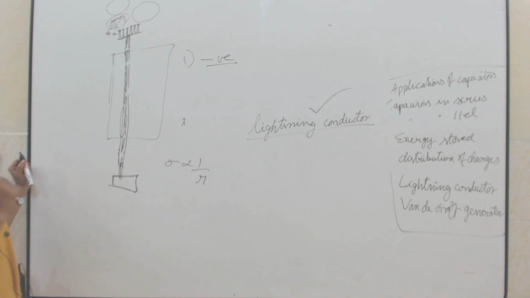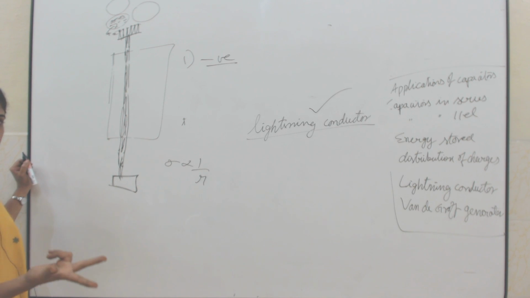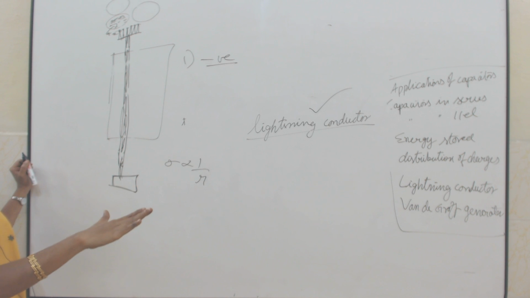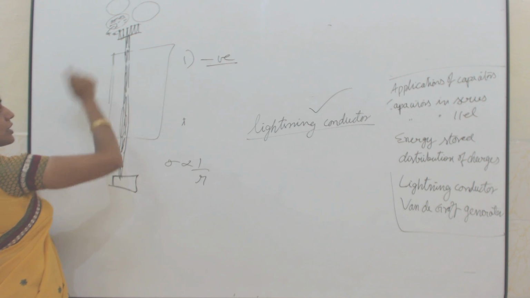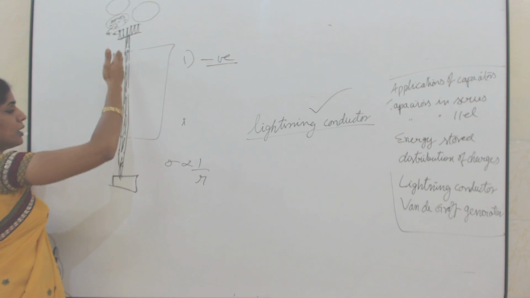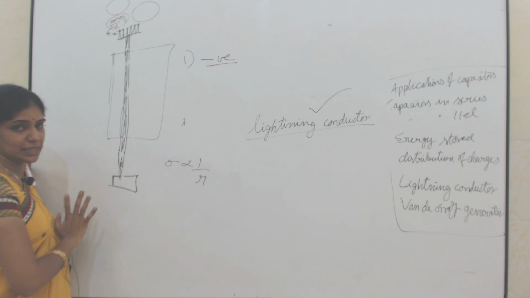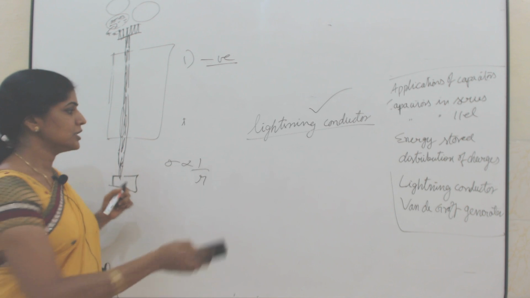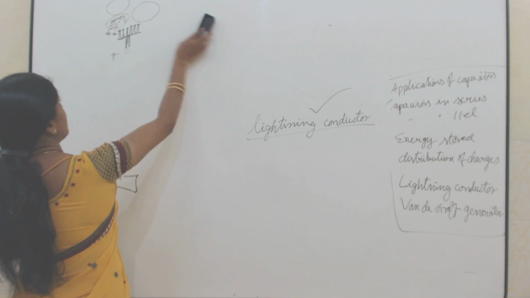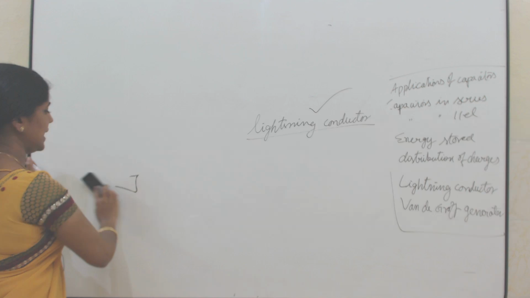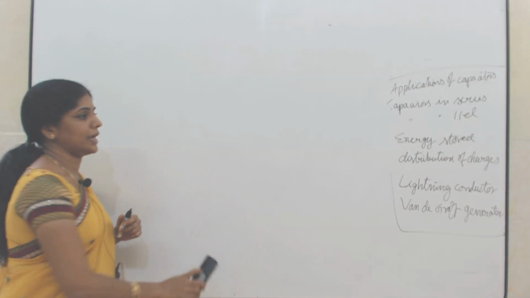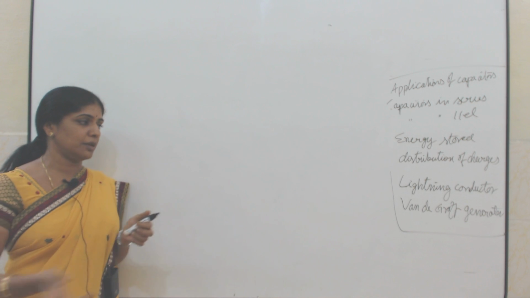So by the action of points, or due to the ionization of air, the potential of the cloud decreases, and the negative charges attracted towards the copper rod pass through to the ground and are lost. By this, the building is safeguarded from lightning. It is protected from damage by the lightning arrestor. This is the working and construction of your lightning conductor. You may get this in 3 marks.